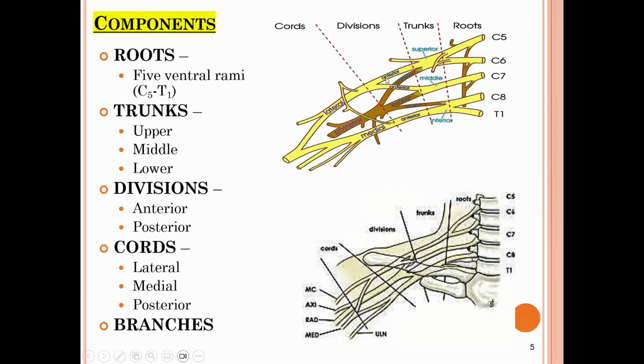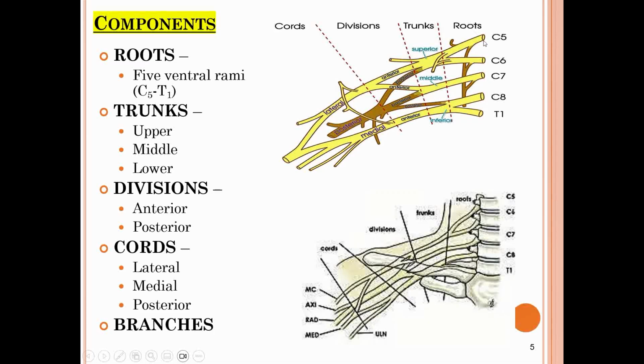You can see the anterior division of the upper trunk and the middle trunk forming the lateral cord, and the anterior division of the inferior trunk continuing as the medial cord, and the posterior divisions of all three trunks continue as the posterior cord.